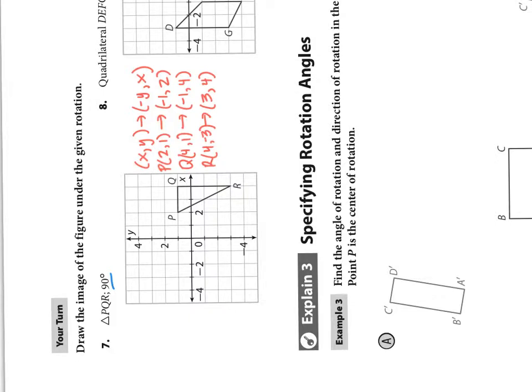Now I want you to pretend as if this is our new y-axis, that's our new x-axis. Here is quadrant 1, quadrant 2, quadrant 3, and quadrant 4. I'm going to be rotating it several times, but you see that to get R, I have to go right 3, up 4.